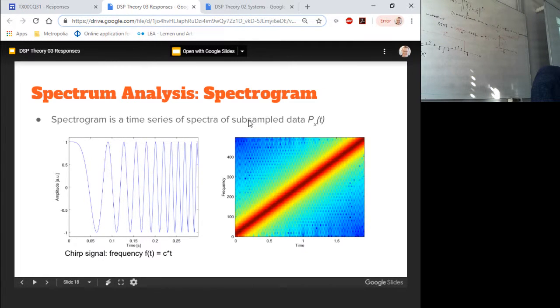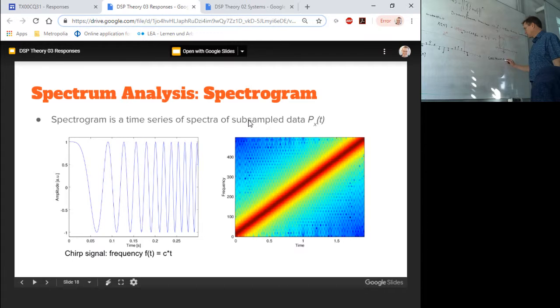Spectrogram. Spectrogram is basically a spectrum of a signal and how it changes by time. So we have this sample which is longer than that, and we are interested in how that one changes by time.